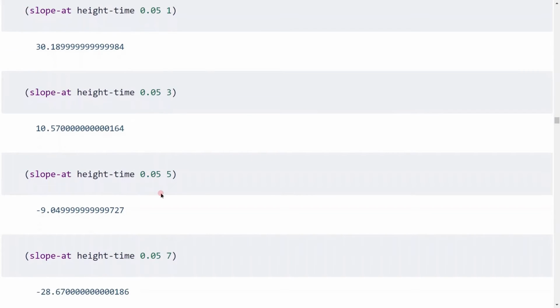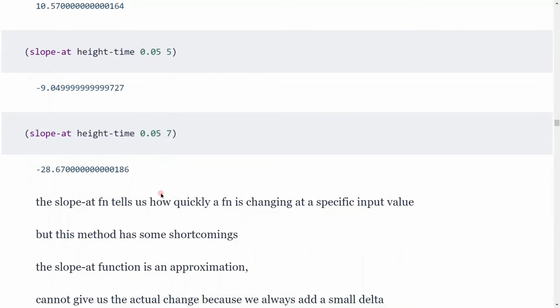At a time of 5, we get -9. That means the ball is, instead of traveling up, it is now falling. And at a time of 7, we have -28.7. The slope function tells us how quickly the height is changing at a particular point in time.